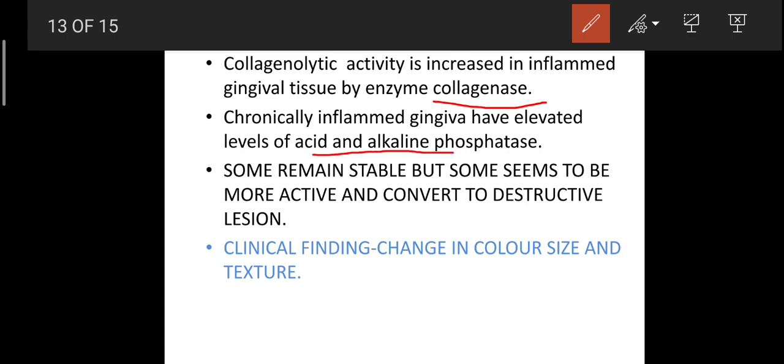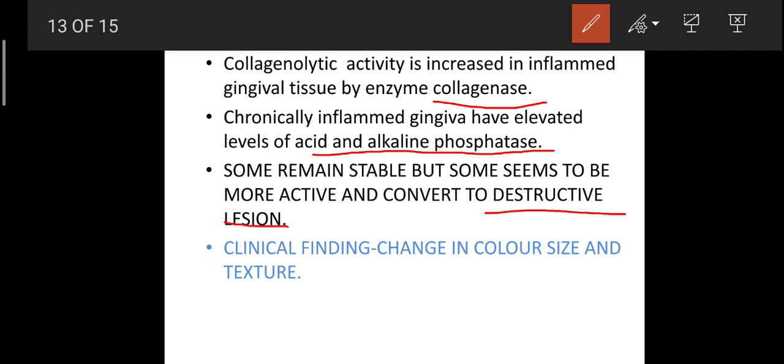Here acid and alkaline phosphatase levels also get increased. Some remain stable, but some seem to be more active and convert to destructive lesions. So in a few cases the lesion stays established for a few weeks, but in some cases it is activated and converts into a destructive lesion very rapidly.